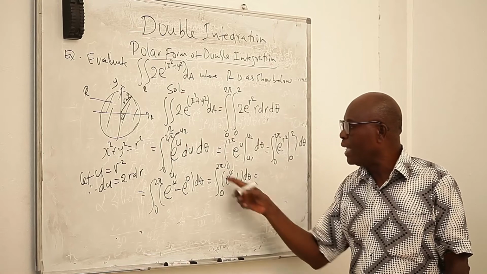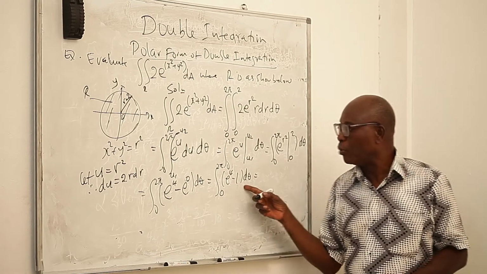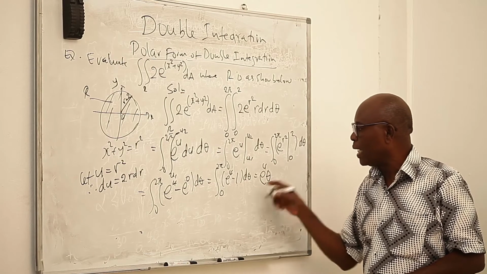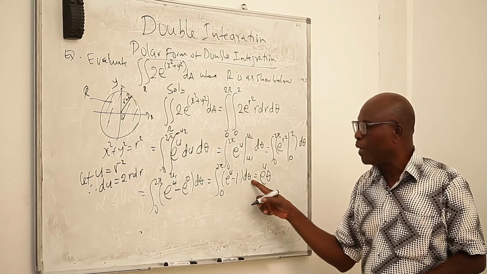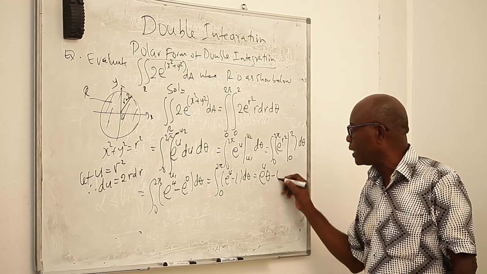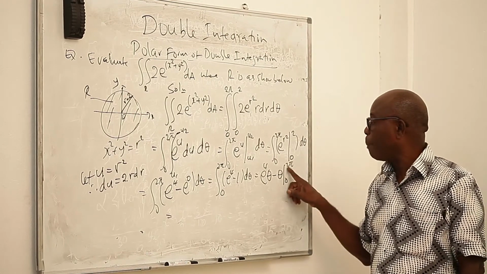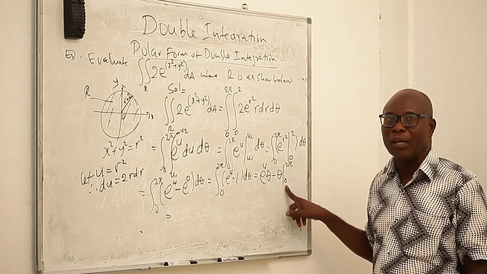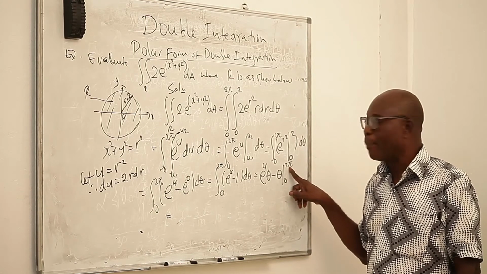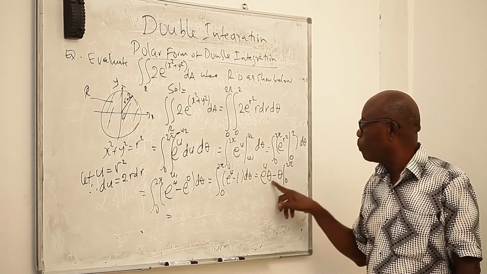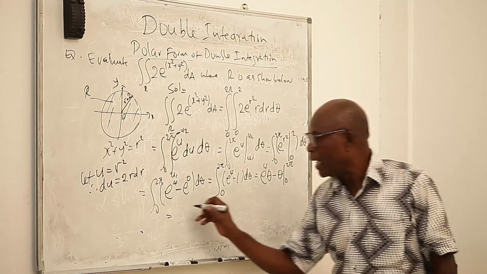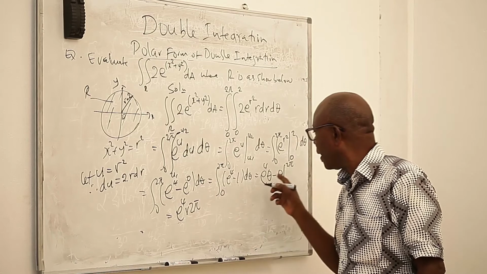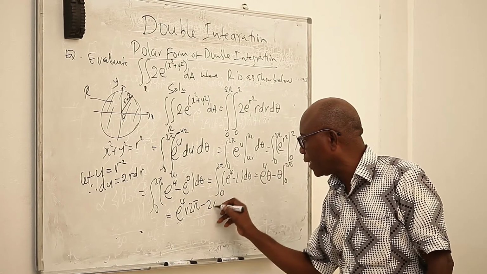And so if you integrate this one with respect to theta, we have (e^4 minus 1) times theta, and the upper limit is 2π and the lower limit is 0. If you take the upper limit 2π, you put 2π here, you have e^4 times 2π minus 2π.